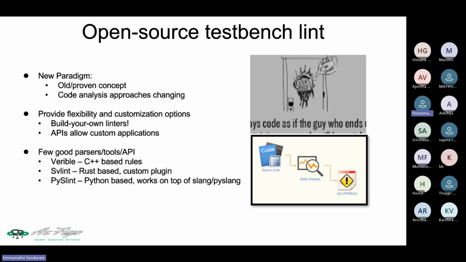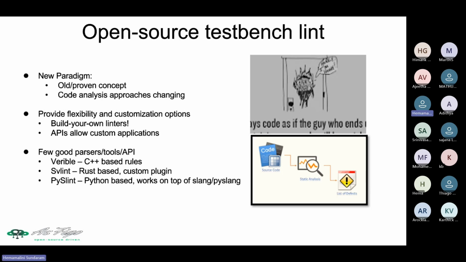It's also the BYOL concept, wherein we build our own linters with a set of minimalistic rules. Either we customize our rules based on the requirement, or we customize it for the customer who tells us the issue, and then we go ahead and write the rules for them. So this is something that we build as we go. And then the APIs allow custom applications.